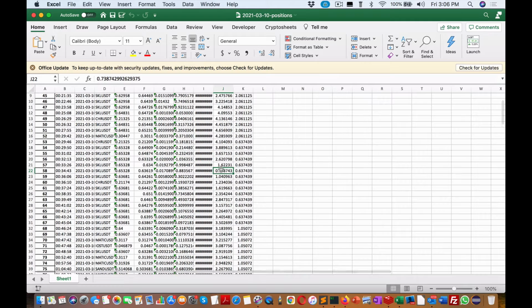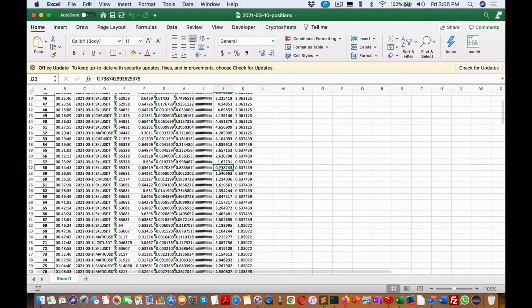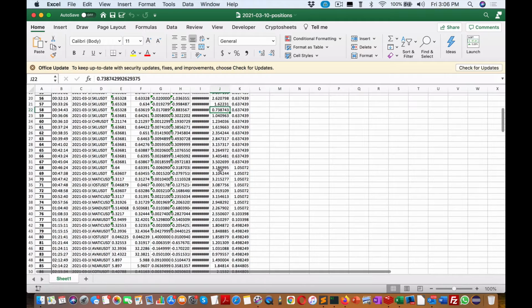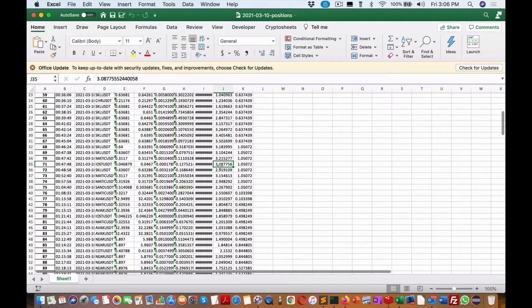It goes as low as 12:34 a.m., so only half an hour, at negative 0.7, and it comes back to 3.08, and then the weighted average is only peaking at 1.05. So we're at 12:47 a.m.